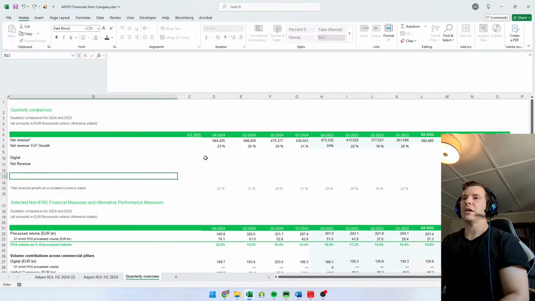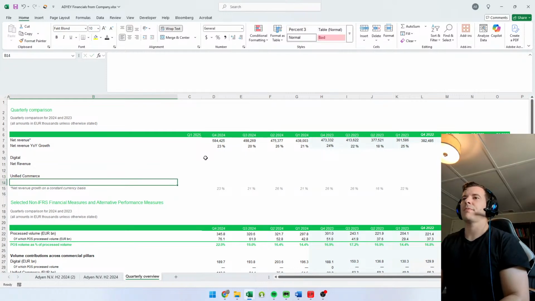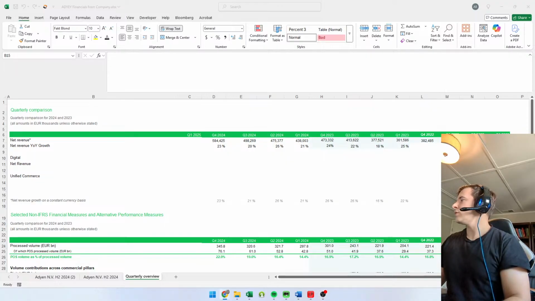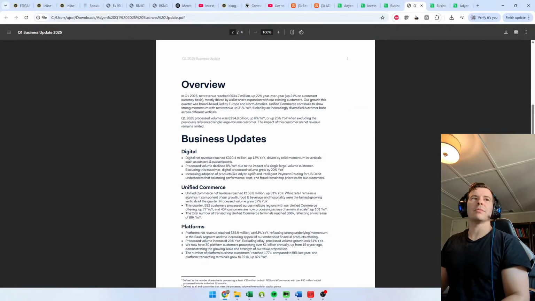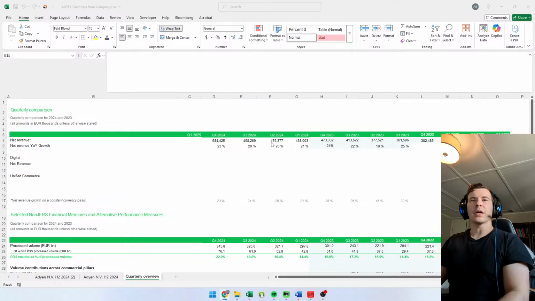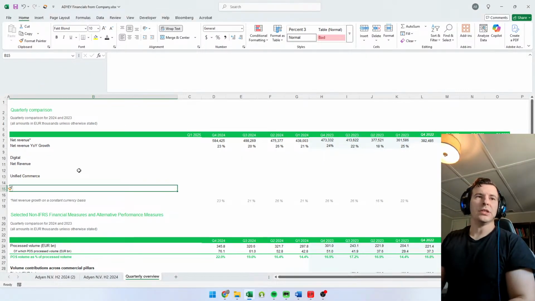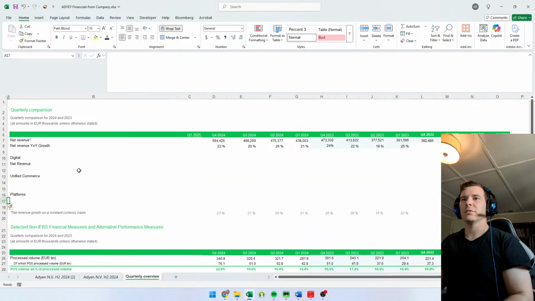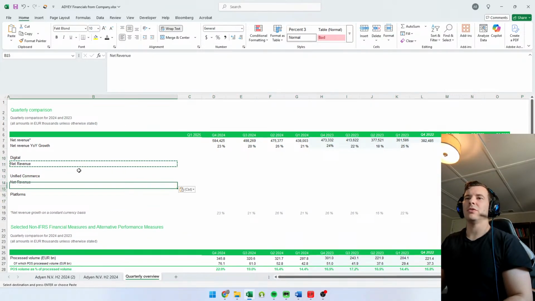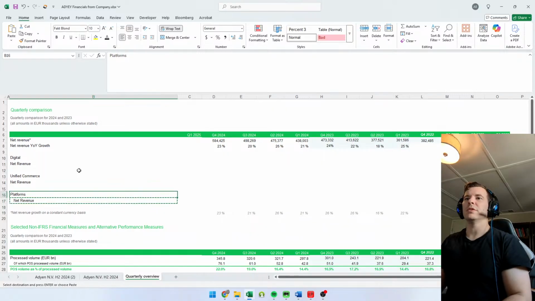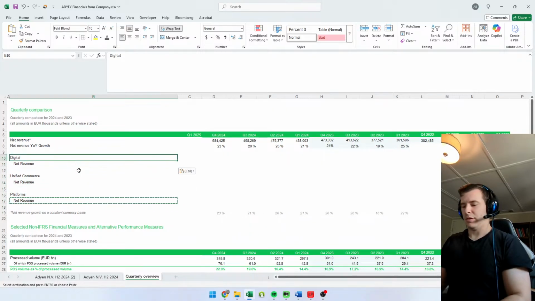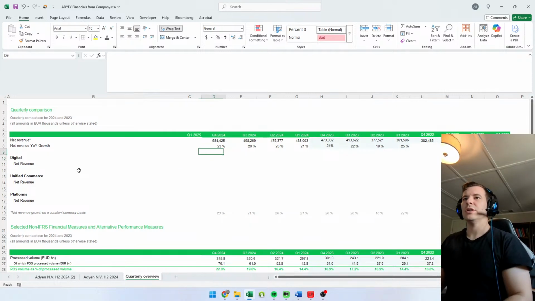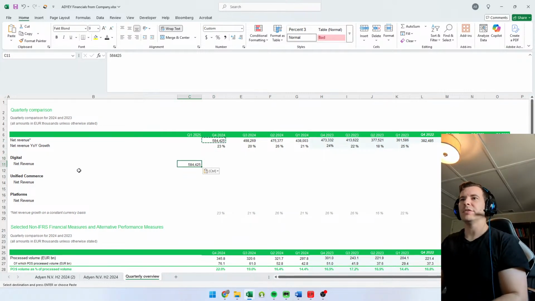There's their unified commerce segment. And yeah, I should probably move this over. Okay. And then there is the platforms segment. And we're just going to call it net revenue. I should have done this. And then we're just going to bold these so we know here. And now we'll just copy and paste this for some formatting.